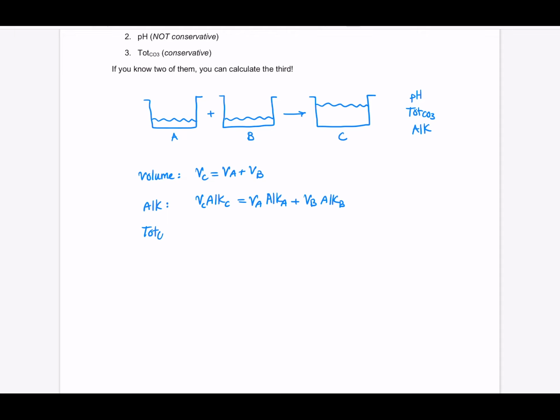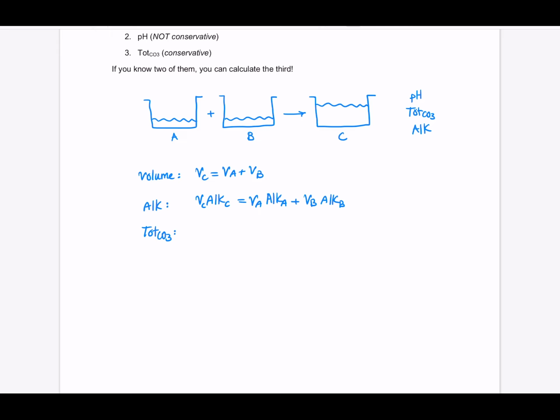It's the same thing for total CO3. Total CO3 might be a bit easier to comprehend. You have some concentration in container A. To get to the total moles, which is an absolute value, you have to multiply that by the volume.